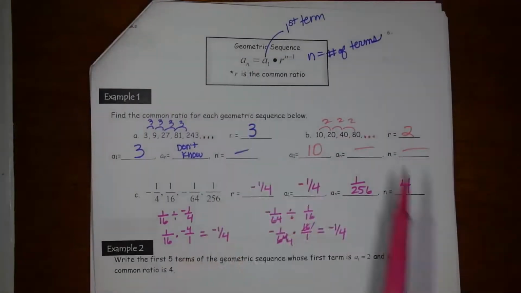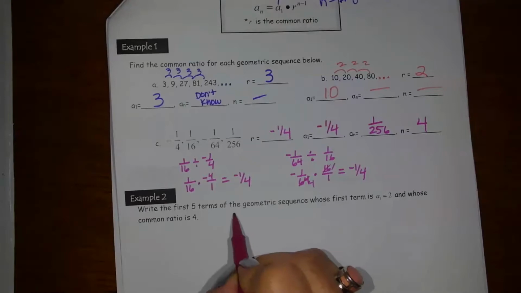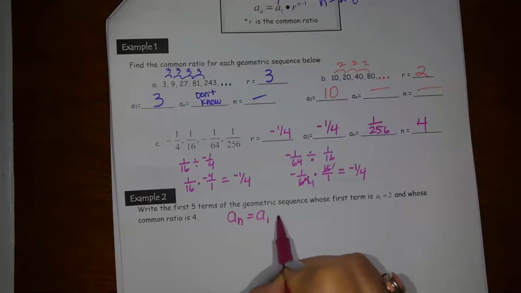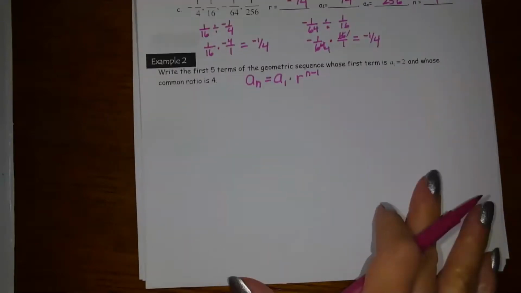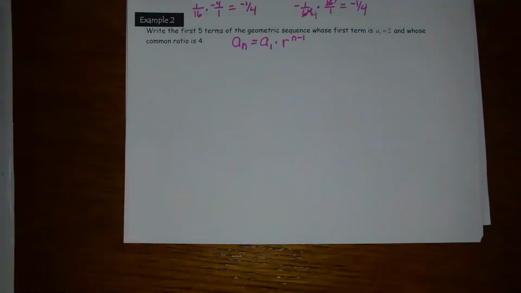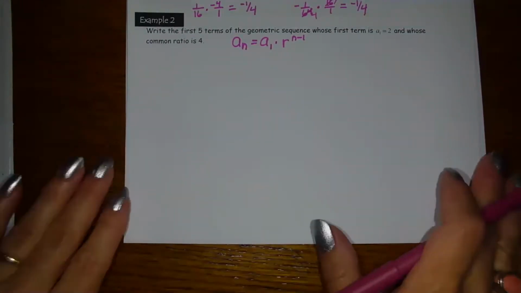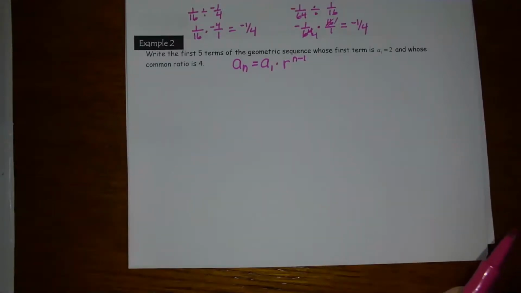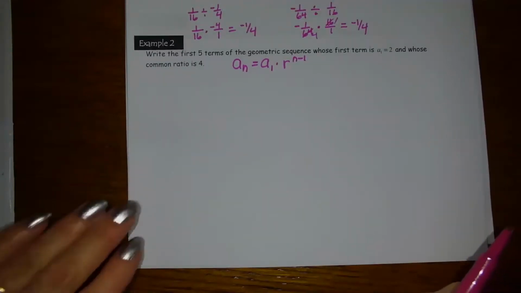So you have this formula written down. I'm going to write it right here so it shows on the screen. I like it nice and close because I'm going off the screen. So write the first 5 terms of a geometric sequence whose first term A1 is 2, and whose common ratio is 4.